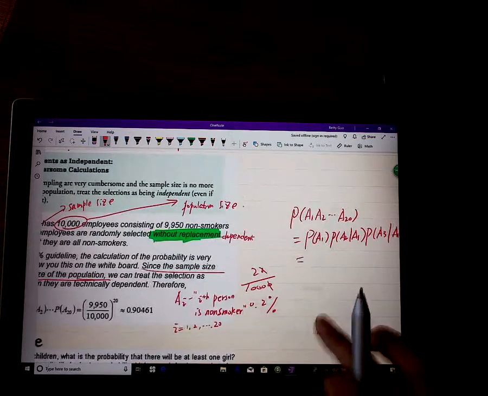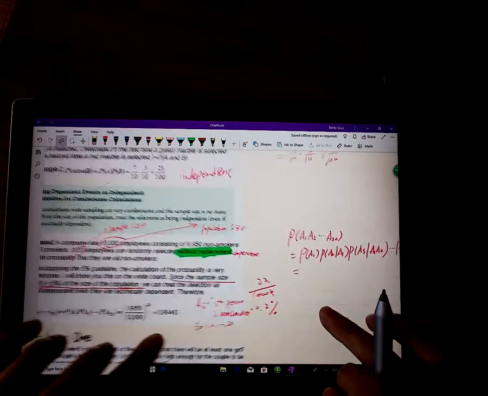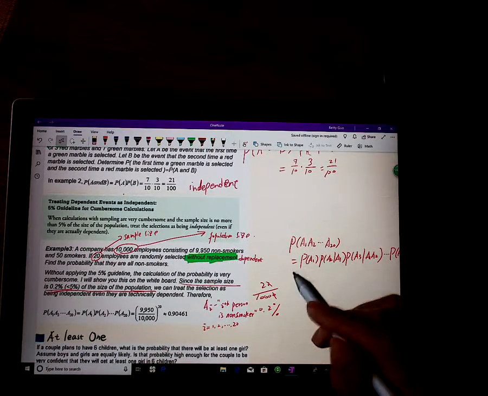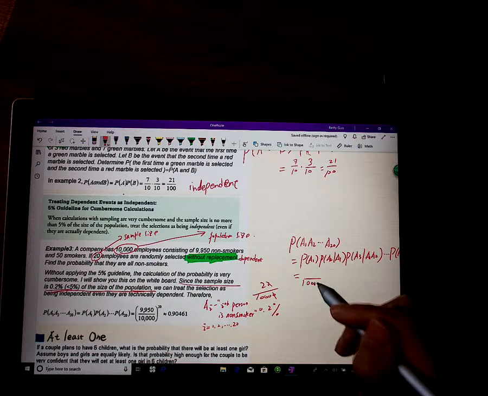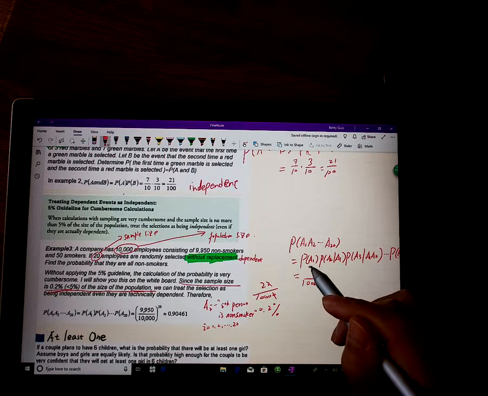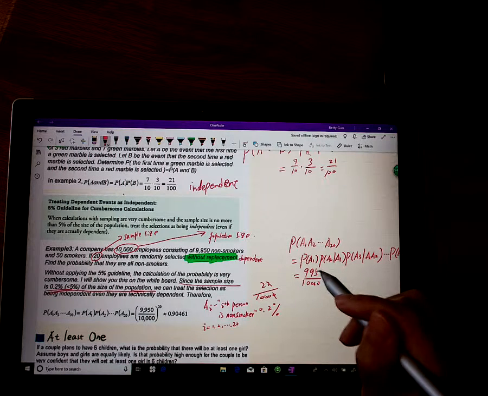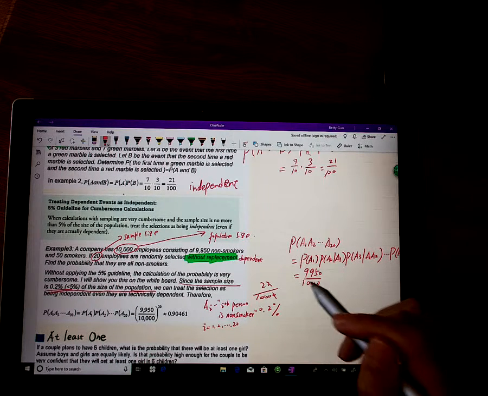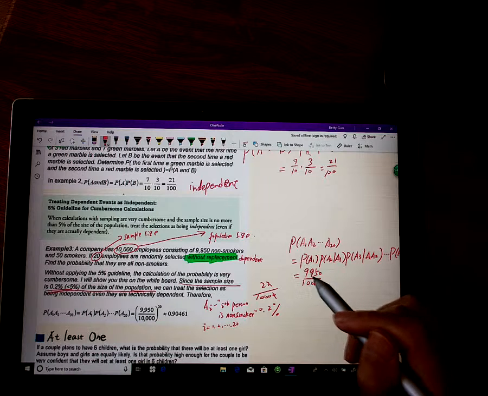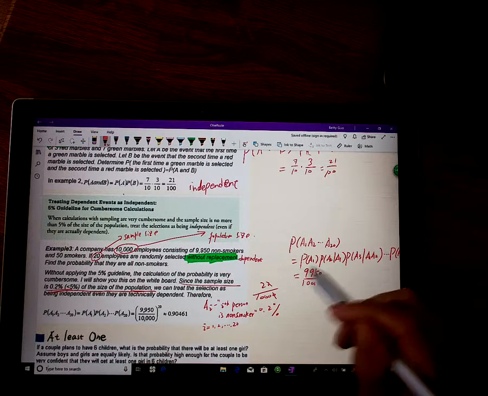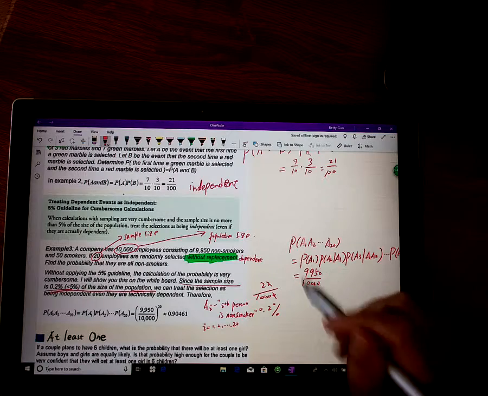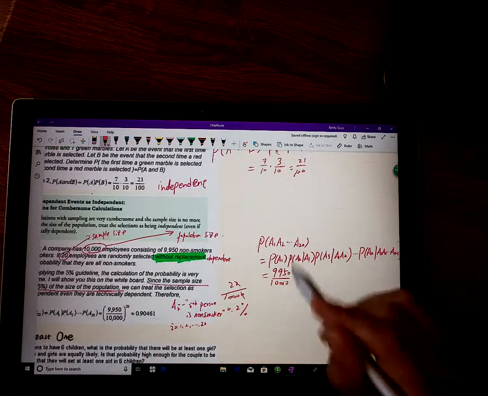What's the probability that the first time you got a non-smoker? The population size is 10,000. The first person is a non-smoker. That would be 9950 over 10,000. Here we are talking about empirical probability. So 9950 non-smokers, so the probability that a randomly selected person is a non-smoker is this number, okay?